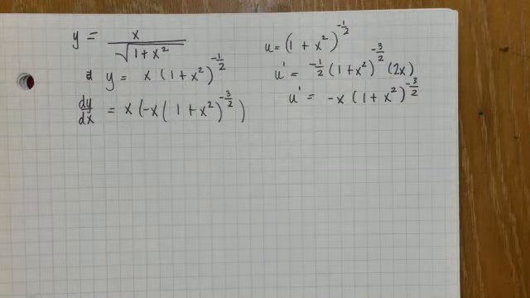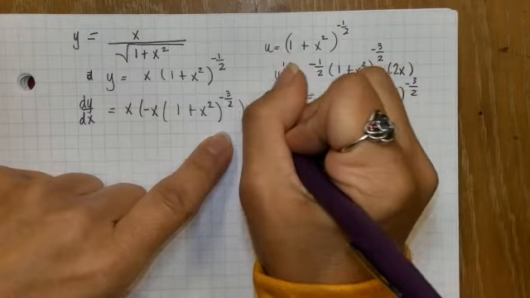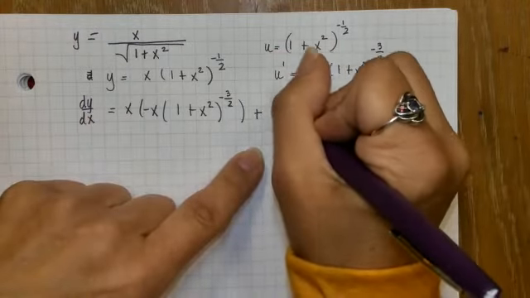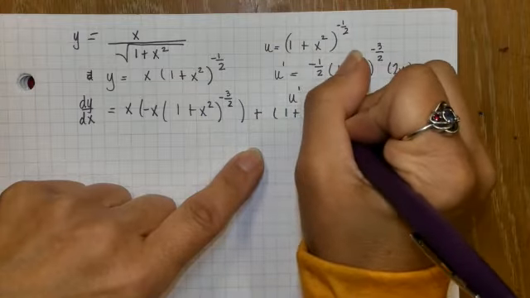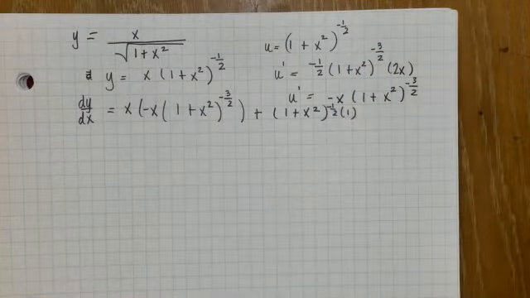And wouldn't you know it, I didn't leave myself enough room. Plus the other function, which is 1 plus x squared to the negative 1/2, times 1. Actually, I can believe I did this.